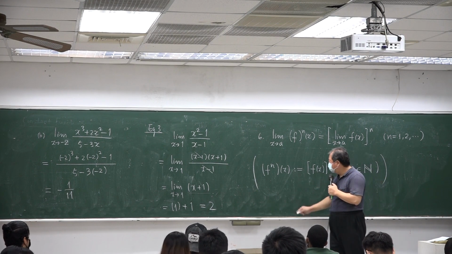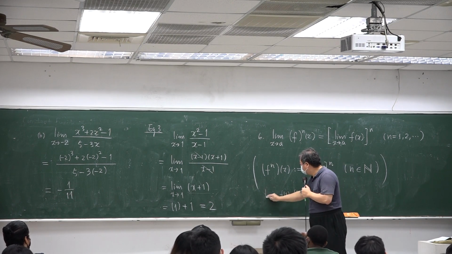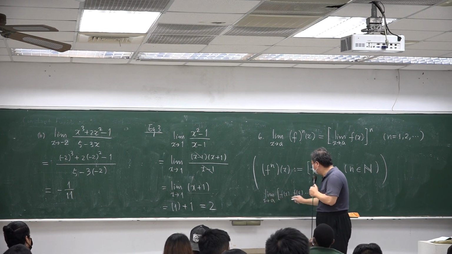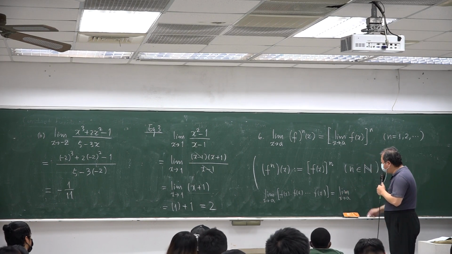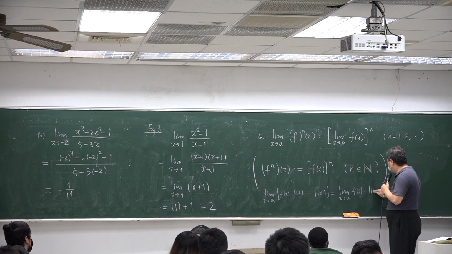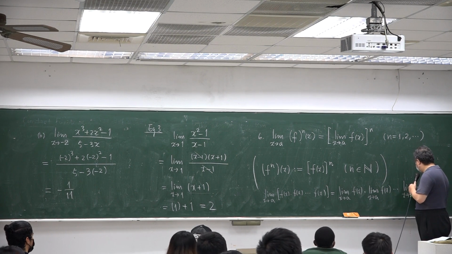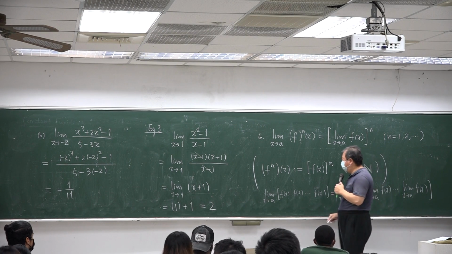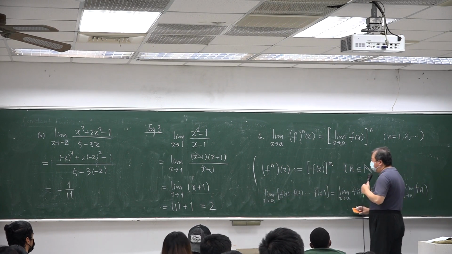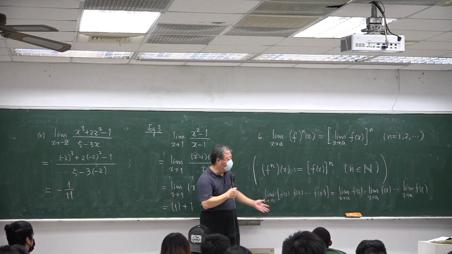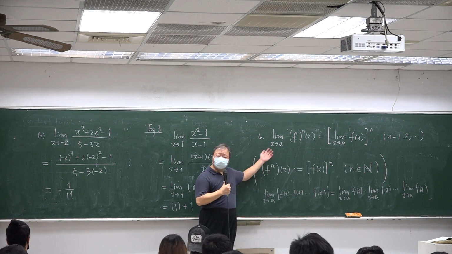So f raised to the nth power may be considered as a product, by applying the limit law about multiplication several times, this one is obtained. Okay, we can get this formula.